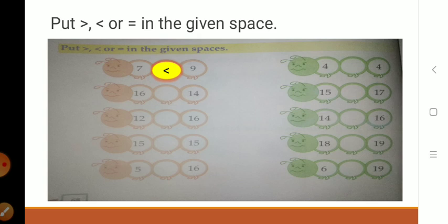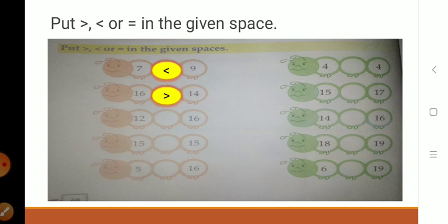Now two numbers are given here, 16 and 14. Among these two numbers, 16 is the greater number and 14 is the smaller number. So you have to give the open side to the greater number.